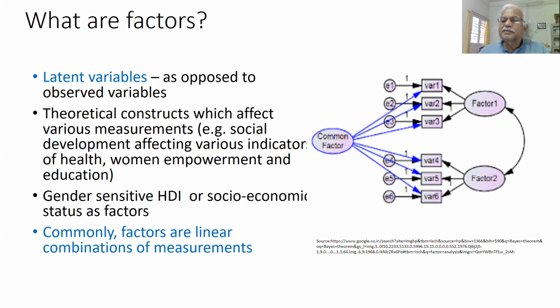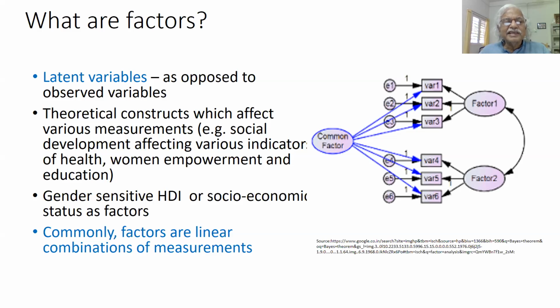So factor analysis can be used to identify these hidden factors, which are basically linear combinations of original variables or measurements or observed variables. And by looking at the coefficients of different variables in the equation of a factor, we identify what this factor, what dimension of the data this factor might show.